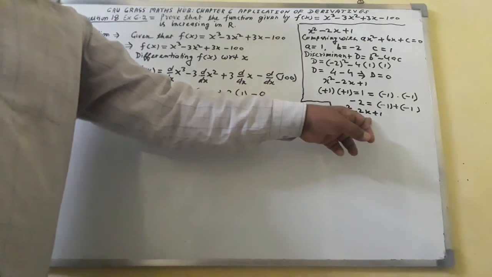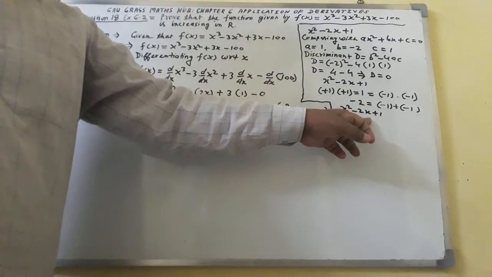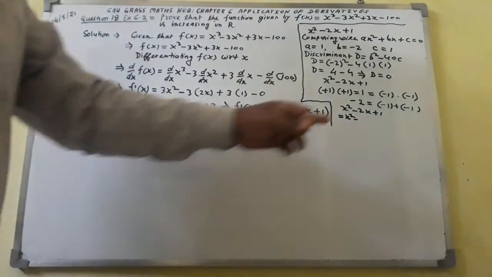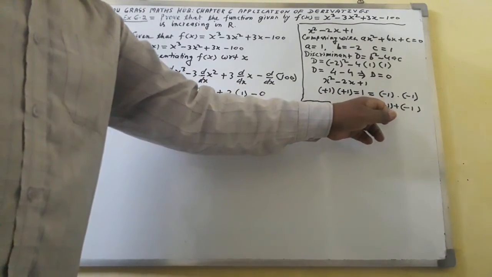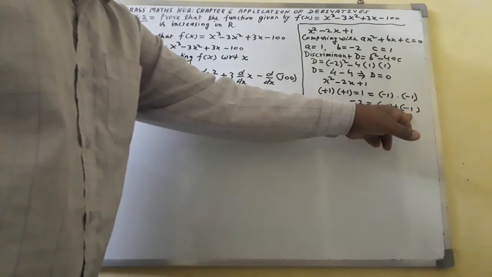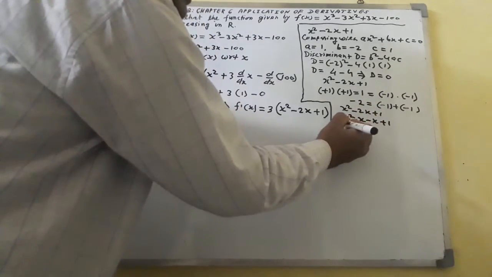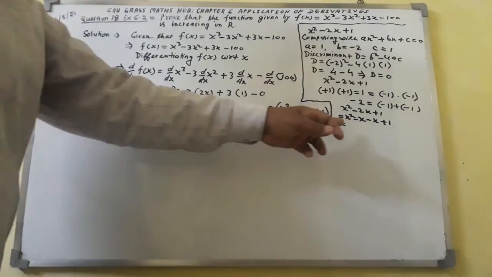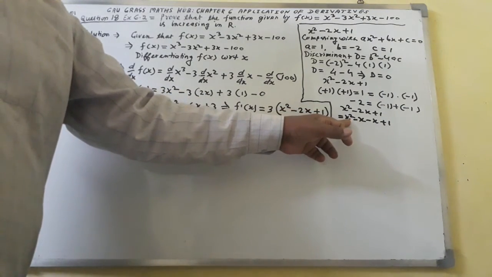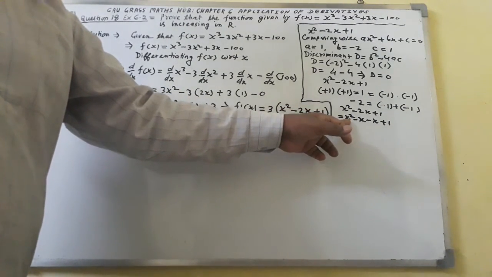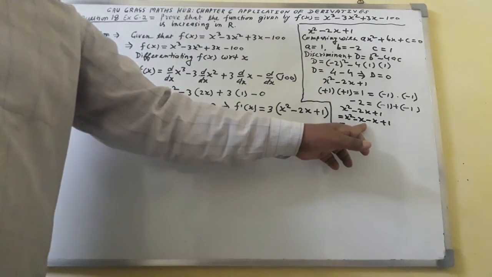Now here I shall write x square minus 2x plus 1 equal to x square minus, here minus 2x will be split into two parts. The first part I shall take here minus 1, meaning minus x. So here write minus x. Here plus and minus will multiply together, we will get minus. So here write again minus x. Here write plus 1. Now in the first term x is available, in the second term also x is available.